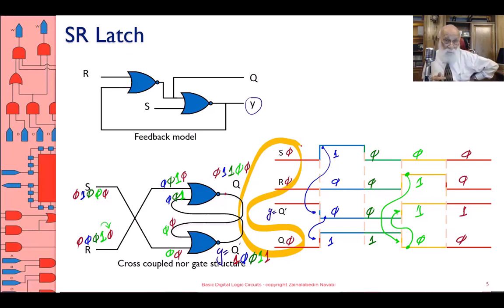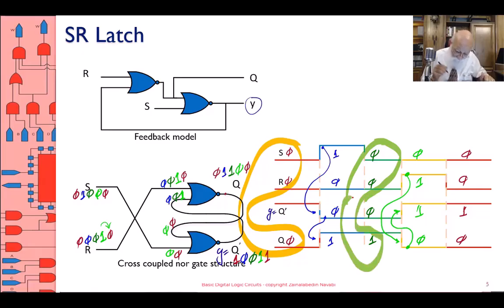I have S is 0, Y is 0, R is 0. At a later time, S is 0, R is 0, the same thing. S is 0, Y is 0, R is 0, the same as the orange area.